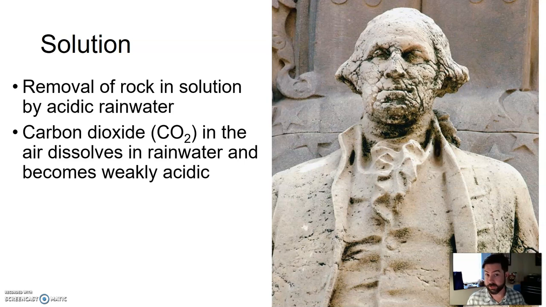Carbon dioxide, CO2, which we put into the atmosphere as we burn fossil fuel, drive our cars, etc. As we put that CO2 into the atmosphere, it's causing climate change, and a fun little extra, actually not so fun little extra byproduct, is that the CO2 also dissolves in the air and gets into the rainwater, the moisture in the air, and turns that water weakly acidic, carbonic acid.